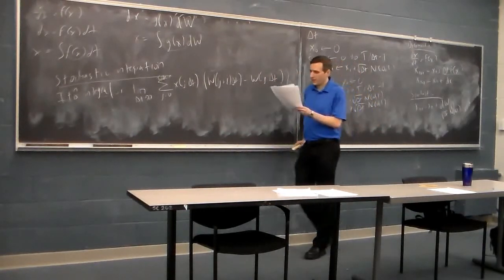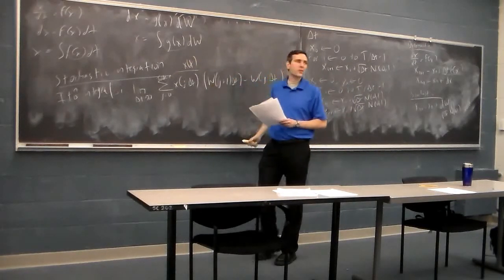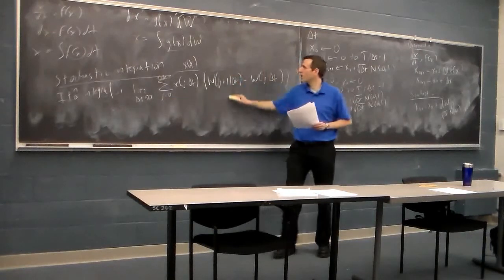And this thing is simply an approximation to x of t that gets arbitrarily good as delta t goes to 0.